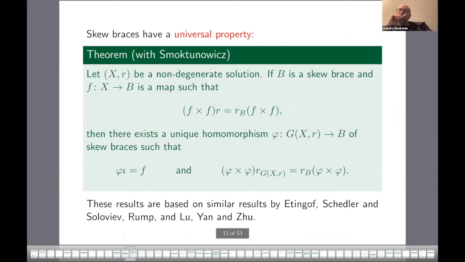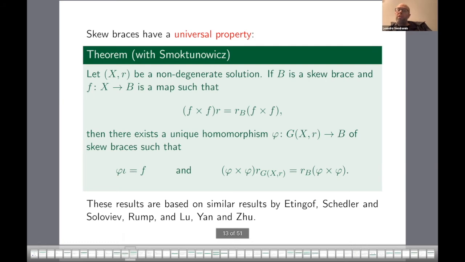And this is quite important because this is telling you that if you want to study solutions, then you need to study braces. You will be able to translate almost all properties about braces into combinatorial properties about solutions, if you know what to look for. And similar results were known in the literature, for example, in the work of Etingof, Schedler, and Soloviev.